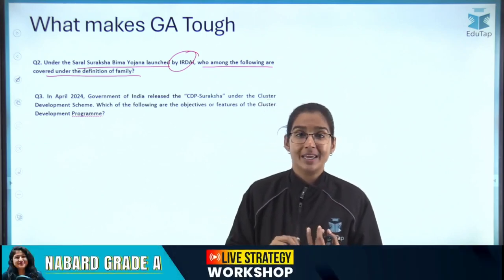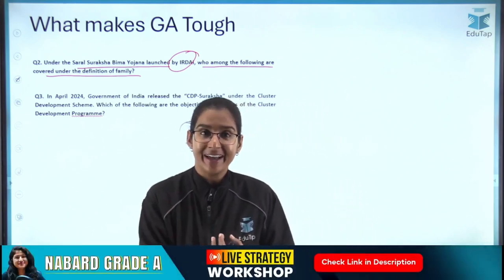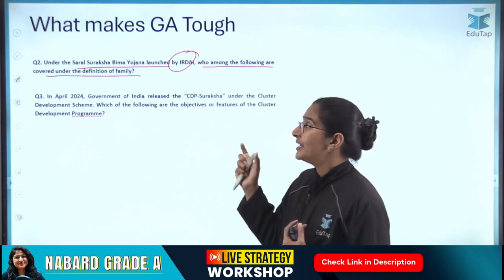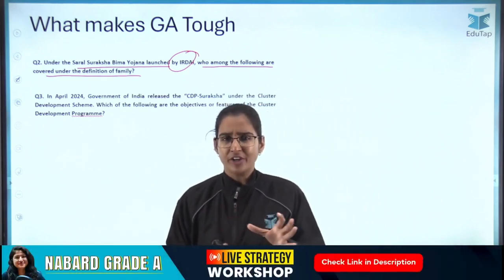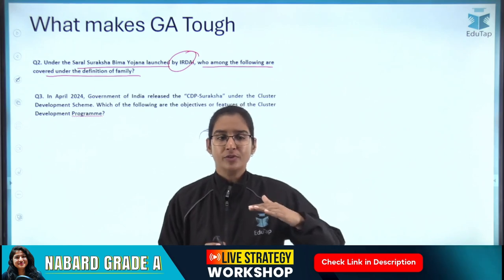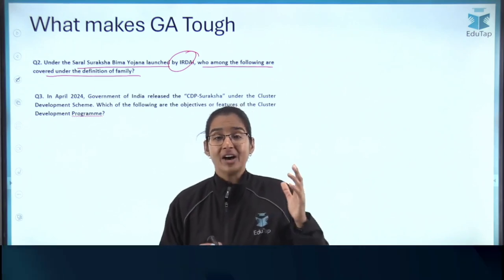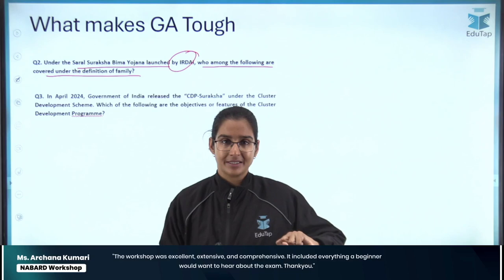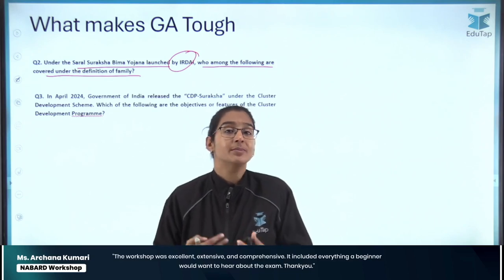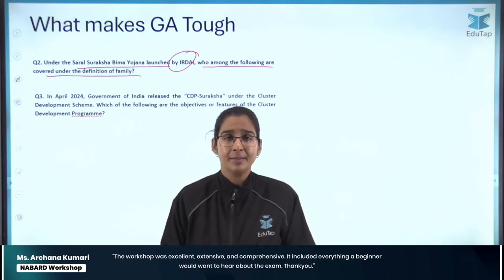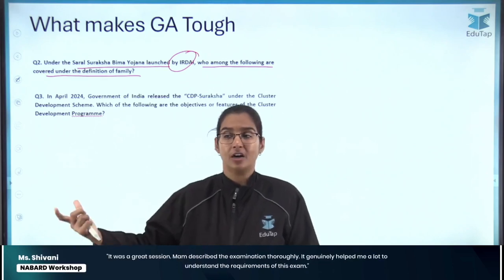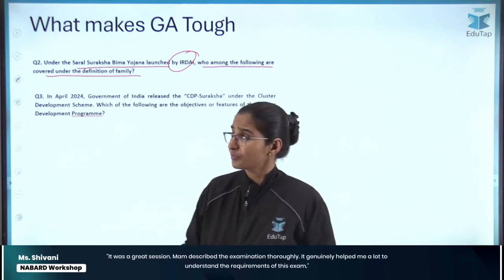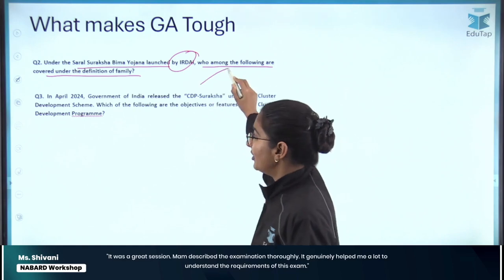The scheme is launched not by NABARD but EDI, and they have asked about the definition of family. Again, not a superficial question from the top layer, but an in-depth question from the scheme. And the scheme again is not something conventional or NABARD's scheme, but a scheme launched by some regulatory body, something which was not there in the news also. So again, a very unconventional question.